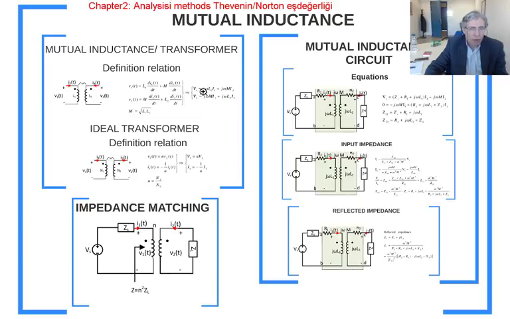If you go further in the definition relation of time domain, for the ideal transformer, that means the special case of this, most of the time this formula is used for ideal transformers. So the definition relation is this. This is like a resistor type of relation, so you can replace all the quantities here with their phasors.